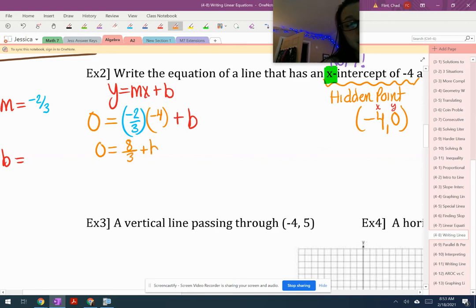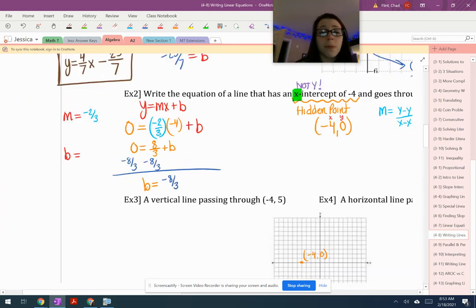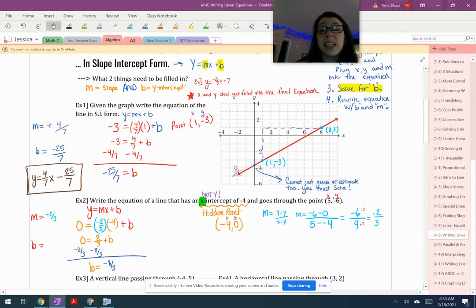And again, guys, this is where you've got to be careful. That 8/3 is being added to b. That's a positive 8/3. So I need to do the inverse of that and subtract 8/3 to both sides, giving me a final b value of -8/3.